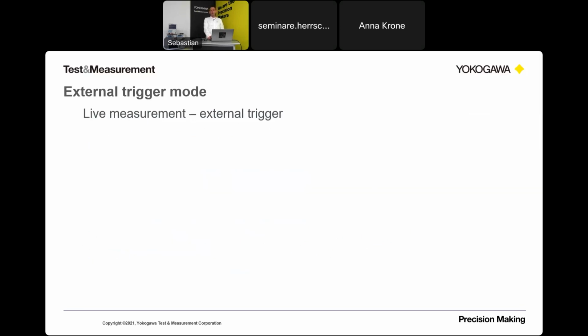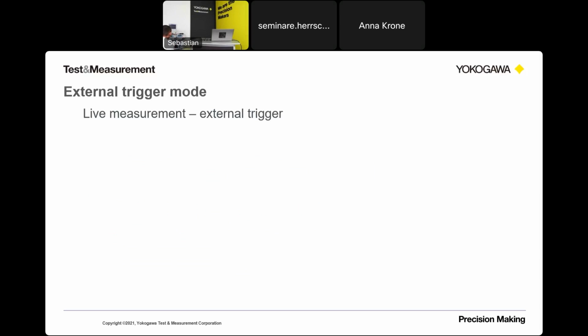So now we will see how the external trigger measurement works. I have now connected the trigger signal from the source to the spectrum analyzer, and now I change it to the external trigger mode.